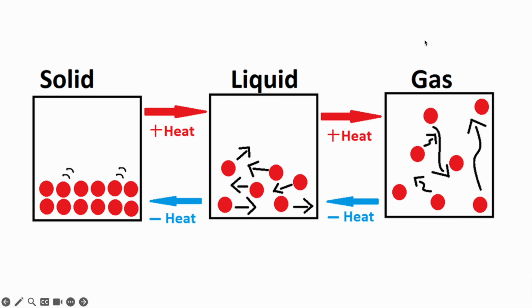All right, let's take a look at particle motion. Now, you have different states of matter. You have your solid, your liquid, and your gas. Now a solid is composed of small particles, right? These are your atoms. Now, a solid is not actually as still as you think.